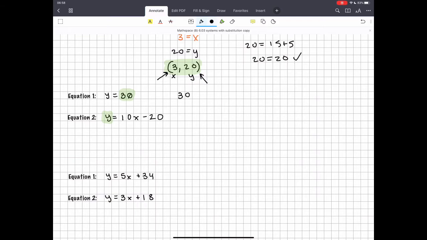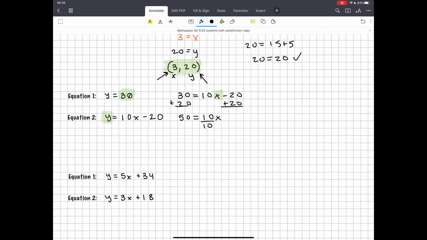So 30 equals 10x minus 20. Again, you'll notice now I only have an x variable, so I can solve that equation to find out what x is. So I add 20 to both sides. I simplify to get 50 equals 10x.